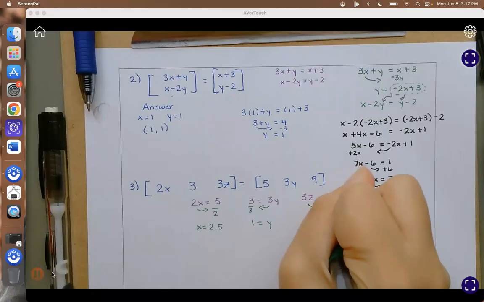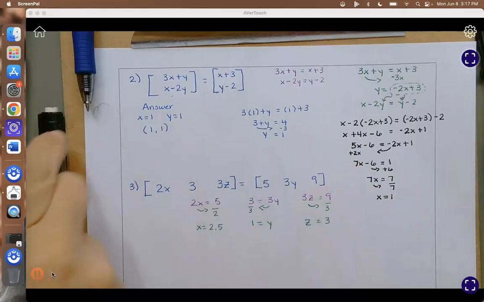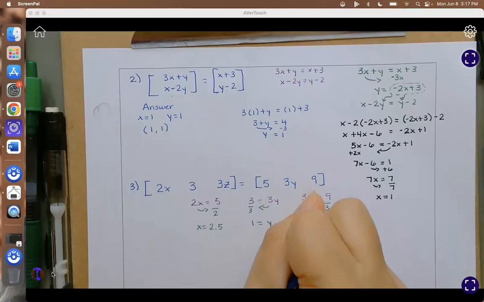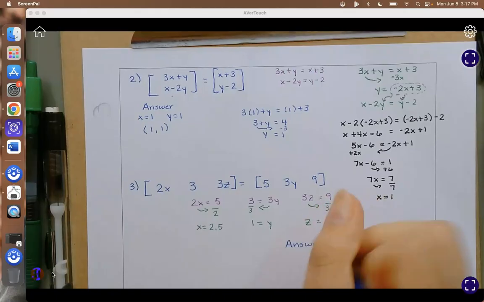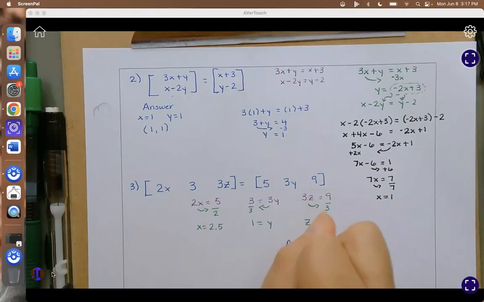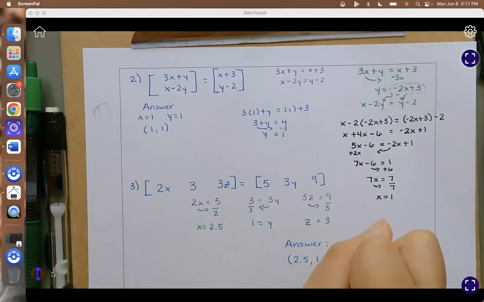And z equals 3. So my answer is 2.5, 1, and 3. All right.